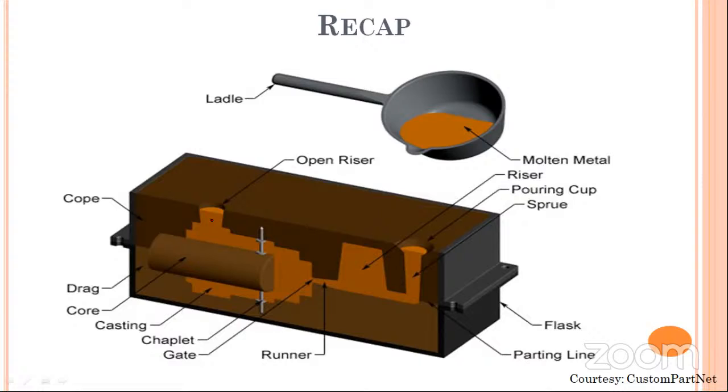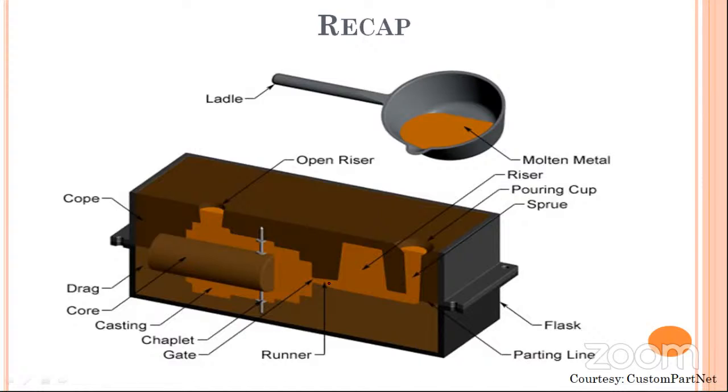See, somebody is saying a temperature difference. Yes, the temperature difference is very high between the molten metal exposed to the environment and the molten metal present in the mold. So think about that. We will discuss that in the next class.